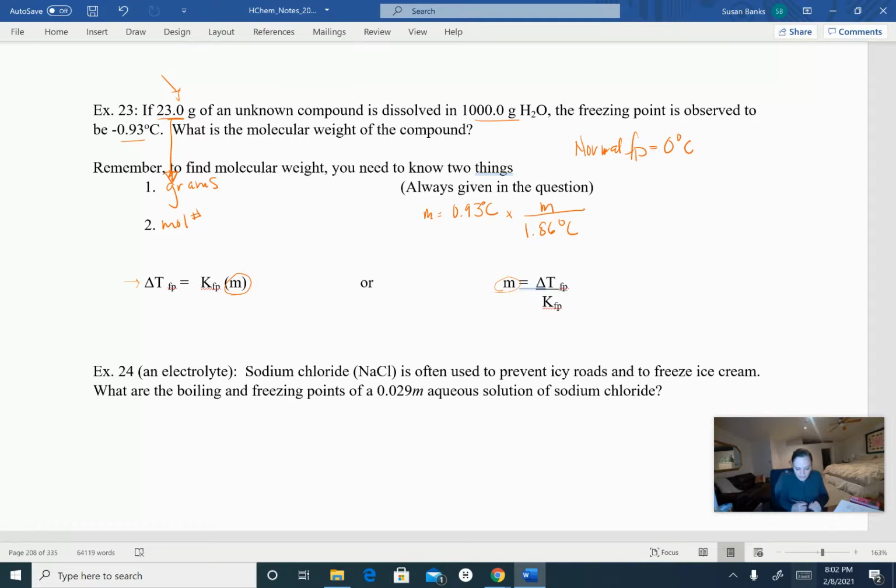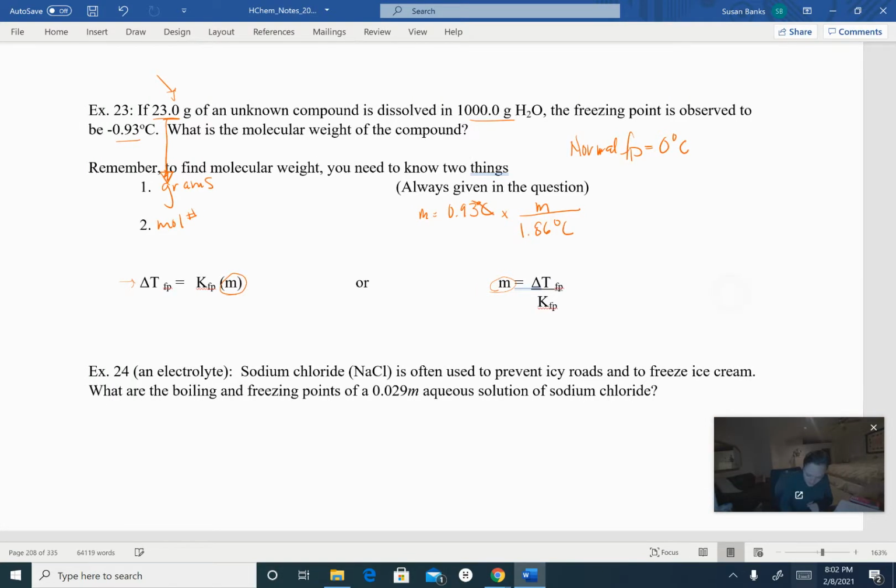Okay, so that cancels out my degrees Celsius, and that gives me my molal. So I'm going to take 0.93 and divide it by 1.86. And I get 0.5. So I have a 0.5 molal solution.